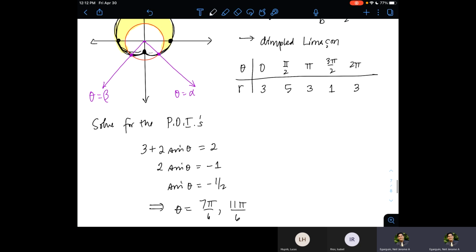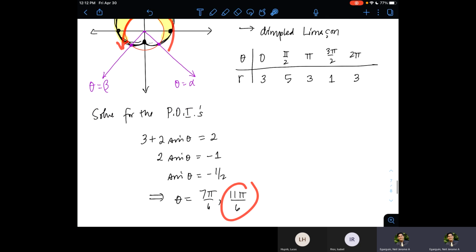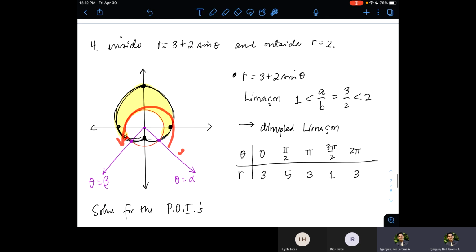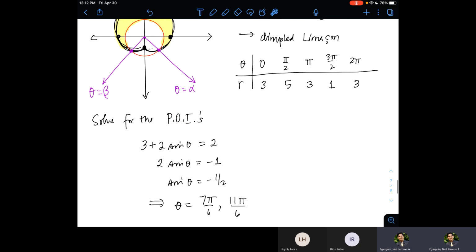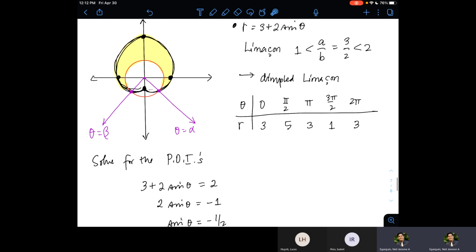Now, where are those angles? Well, 7 pi over 6 is this angle over here. That's fine. But 11 pi over 6 is this angle. So if you will integrate from 7 pi over 6 to 11 pi over 6, you will be getting the area of the region between here, right?